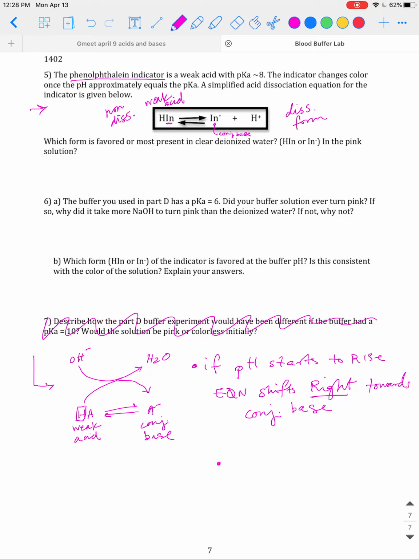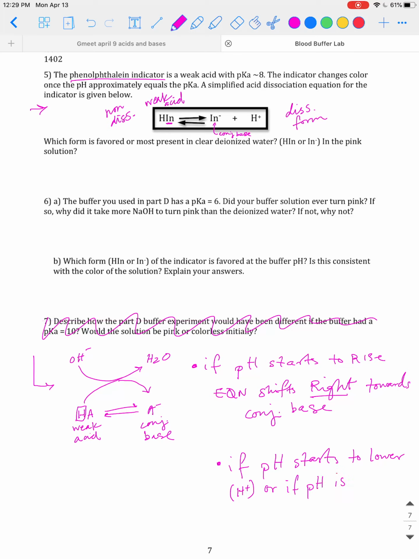So that's one point to remember. If pH starts to lower, and how would pH drop? Let's say some H plus is added.